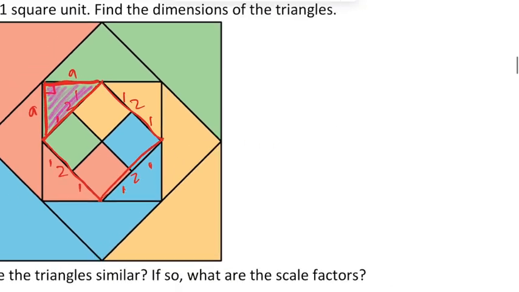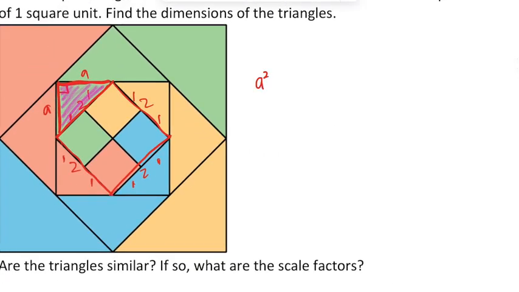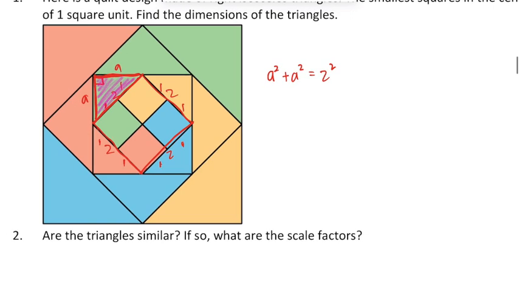That triangle, so we know that A squared plus A squared will be 2 squared by the Pythagorean theorem. So 2A squared is 4. So A squared is 2. A is going to be plus or minus root 2. But distance can't be negative, so A is root 2. So all of those sides are root 2.